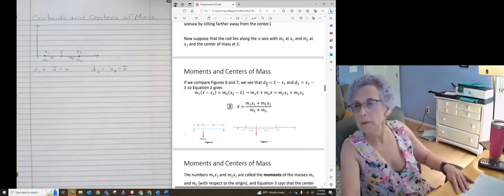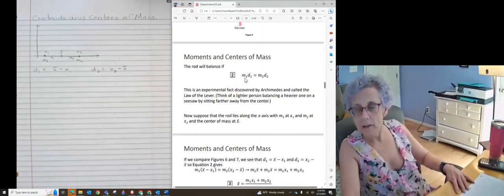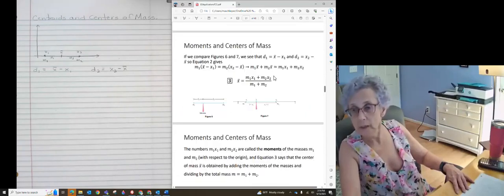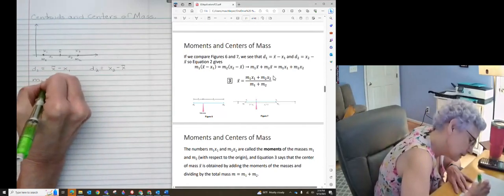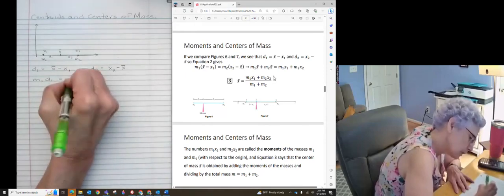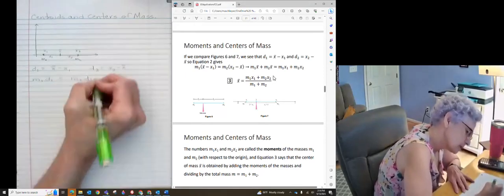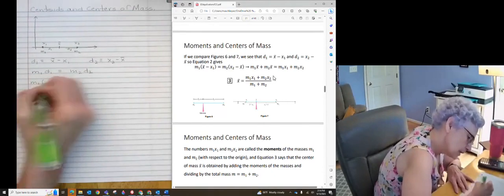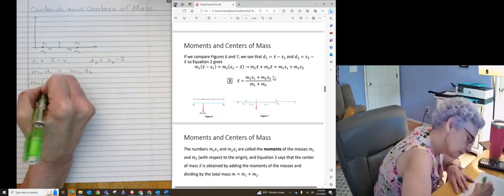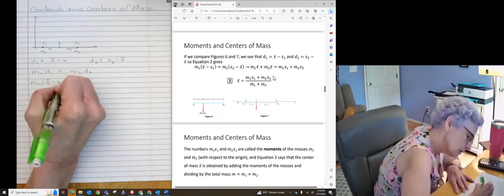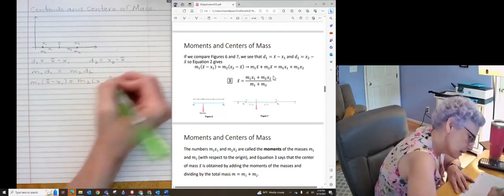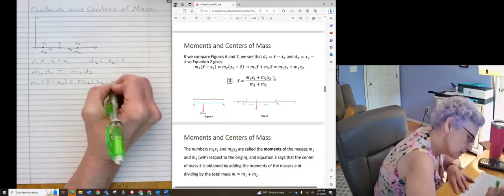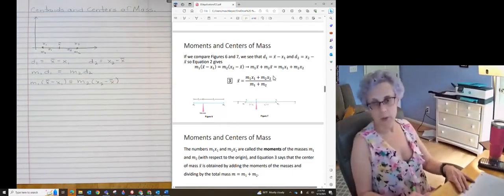And we know the rod will balance when m1 times d1 is equal to m2 times d2, thanks to Archimedes. That means m1 times (x bar minus x1) equals m2 times (x2 minus x bar).